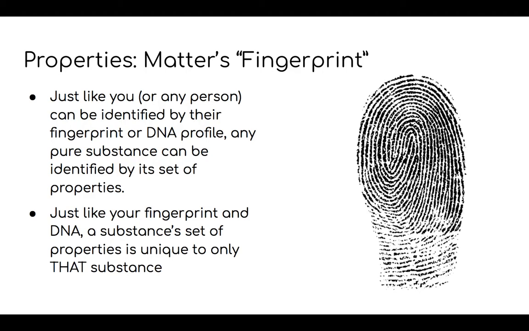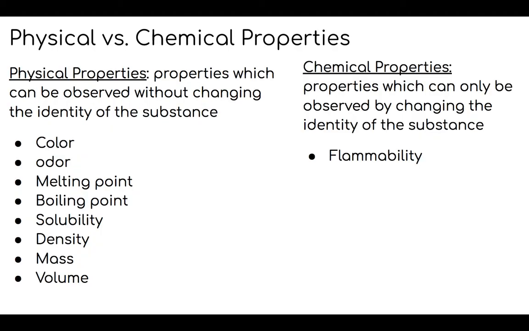Because your fingerprint is completely unique to you and no one else in the entire world has that exact same fingerprint, if I know your fingerprint, I can identify the person that it belongs to. A substance's properties work exactly the same way. We can think of the substance's set of properties as its fingerprint. Because it is completely unique to that substance, I can use its set of properties to identify the substance or to tell it apart from other substances.